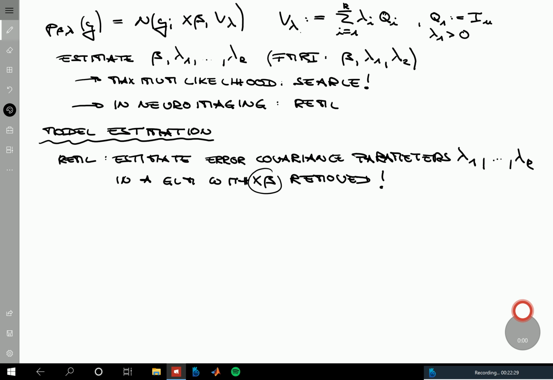In the literature you also always see this referred to as the fixed effect. And this is in some way similar to what we did last week in generalized least squares.